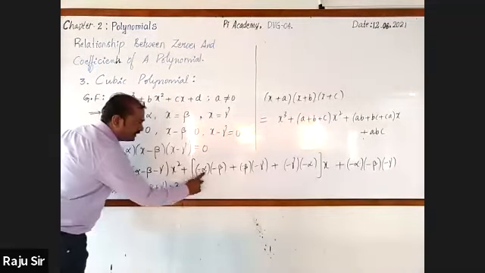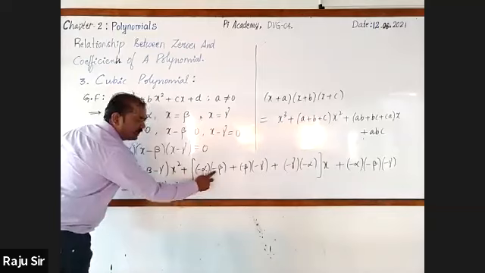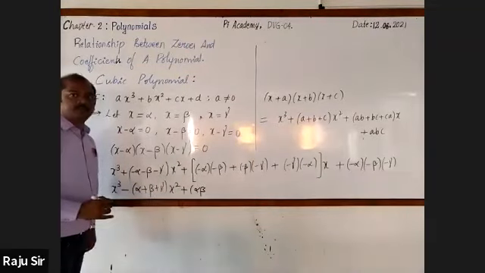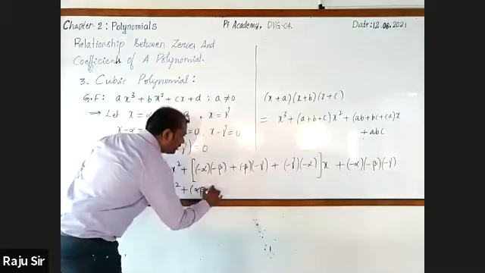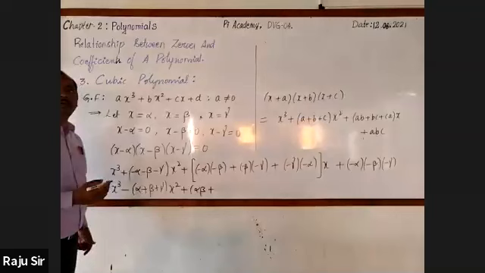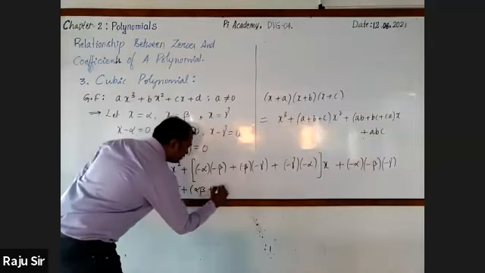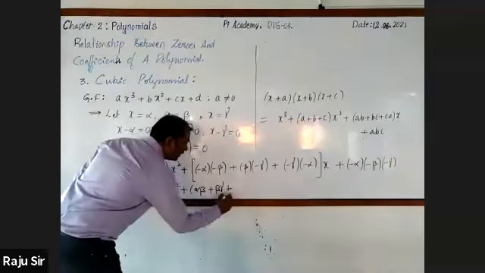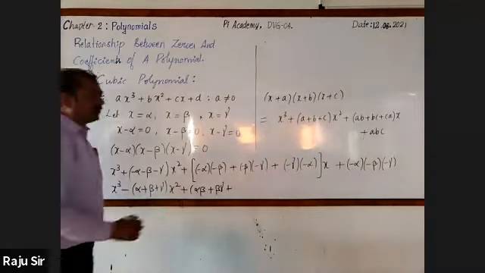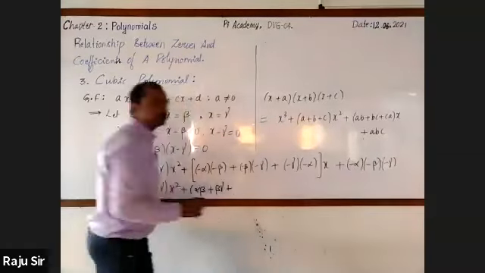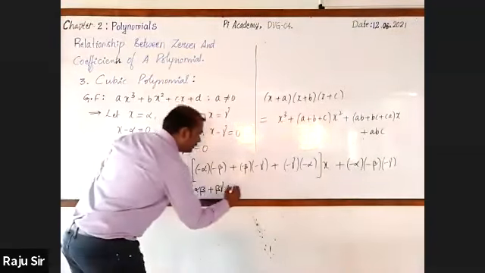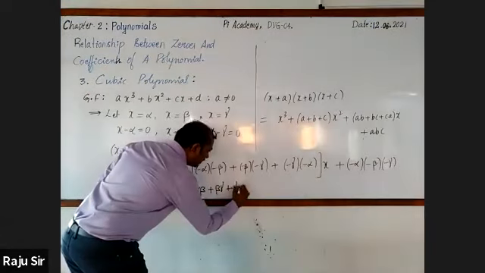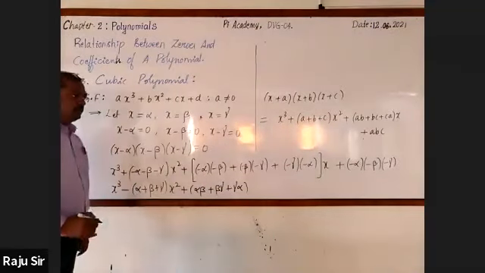Here minus is there, here also minus. Minus into minus is plus. So it will be just alpha beta. Similarly, minus beta into minus gamma is plus beta gamma. Then minus gamma into minus alpha is plus gamma alpha into x.